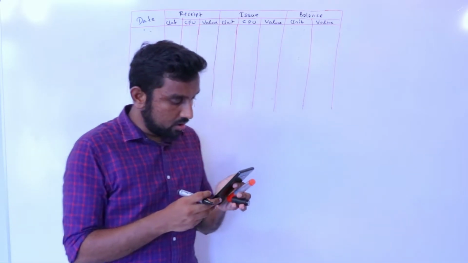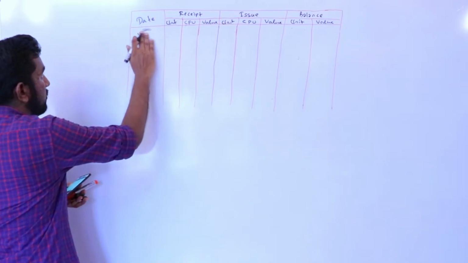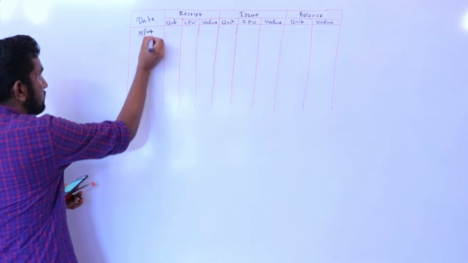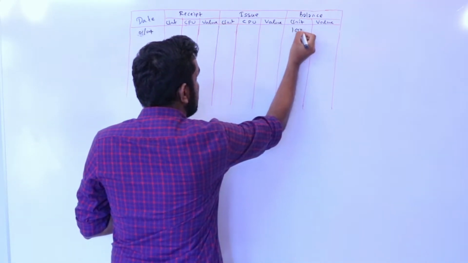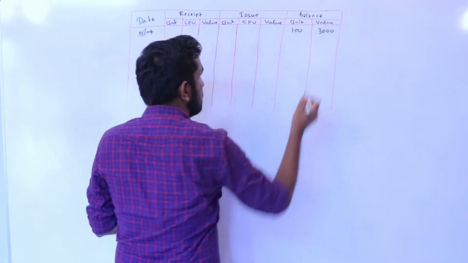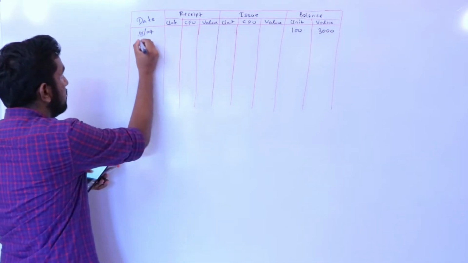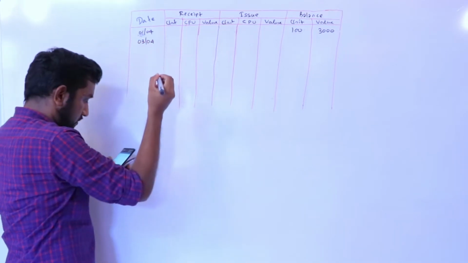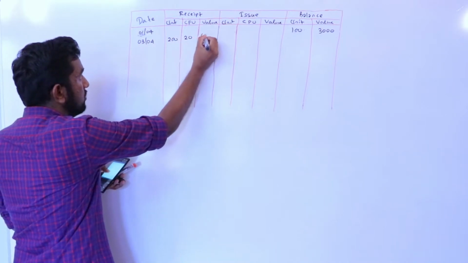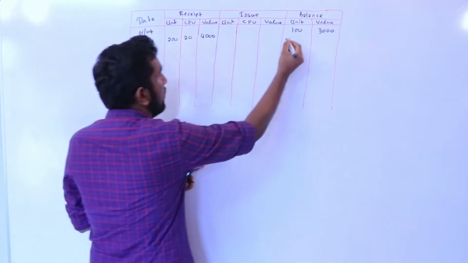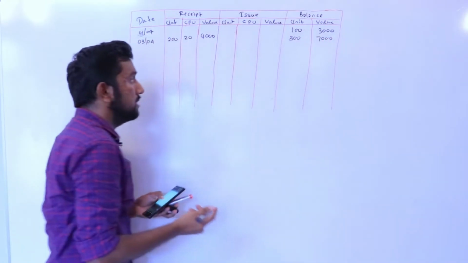So we have the opening stock on 1st of April, a balance of 100 units. Each at 30, so balance is 3,000. Then we are purchasing 200 on 3rd of April at the price of 20, so 4,000. So my balance is 300. 4,000 plus 3,000 is 7,000.